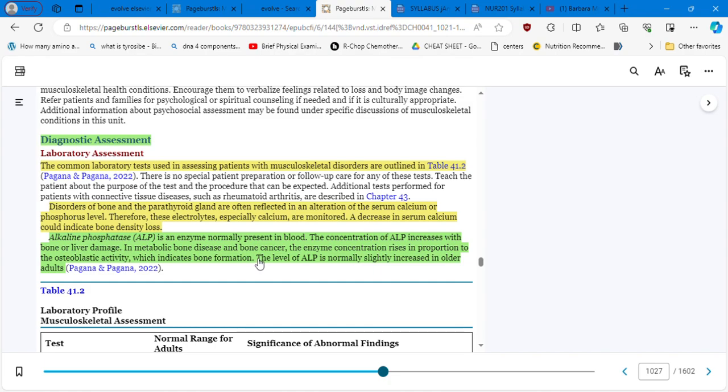Because if there is bone cancer, the osteoclast, the one that is cutting, is overworking, but the production of the osteoblast is going to increase to balance the osteoclast activity. The level of ALP is normally slightly increased in older adults.